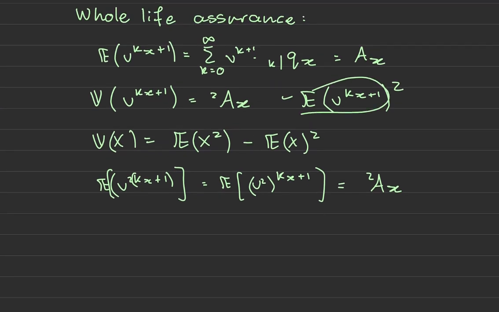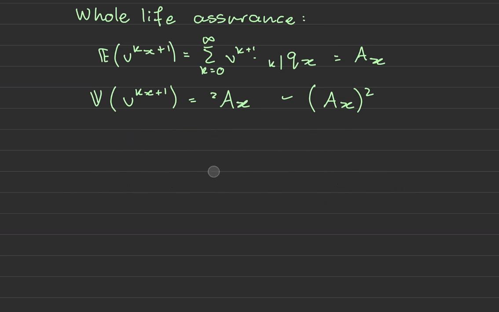But I calculated this expectation to be capital A_x, just a whole life assurance contract. So now I take this whole life assurance contract and square it. Okay, so that's the derivation of how we get to this over here. So that's whole life assurance contracts.